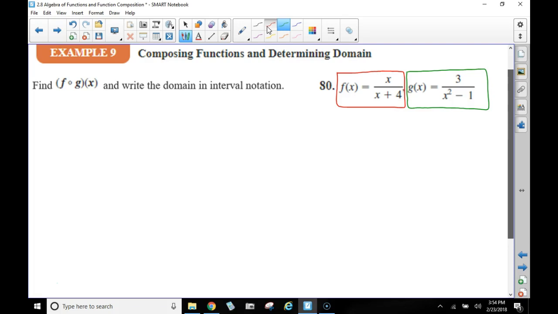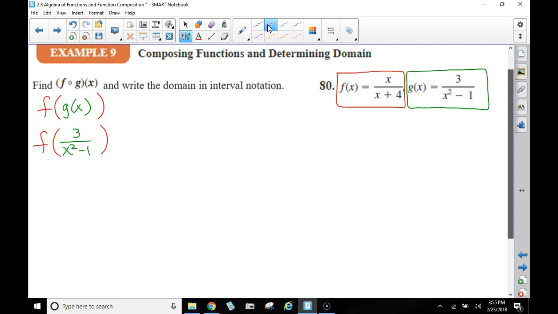When we are asked to find f evaluated at g of x, that is what f composition g of x means. Once again, we're going to work from the inside out, so we're going to take f evaluated at g of x, which is 3 all over x squared minus 1.